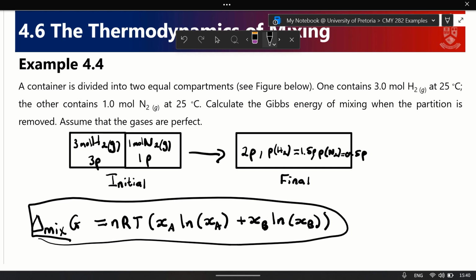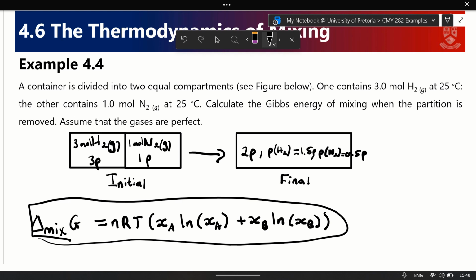So we can't use this equation. So we will need to look at a way of calculating delta G in a very old-fashioned way. In other words, first calculating the initial Gibbs energy and then the final Gibbs energy, and then just subtracting the two values from one another. So sort of like we did in the derivation itself.